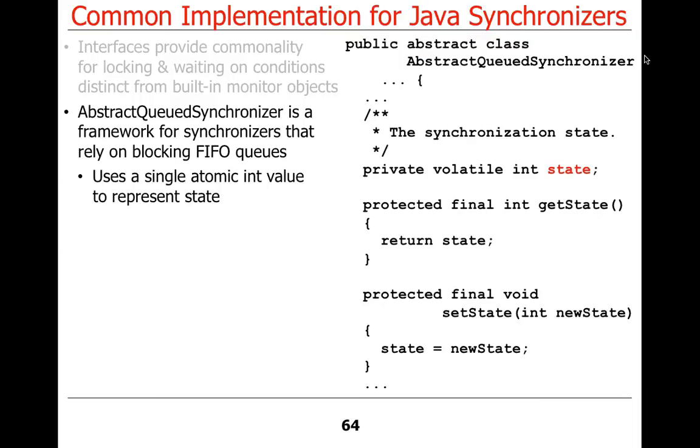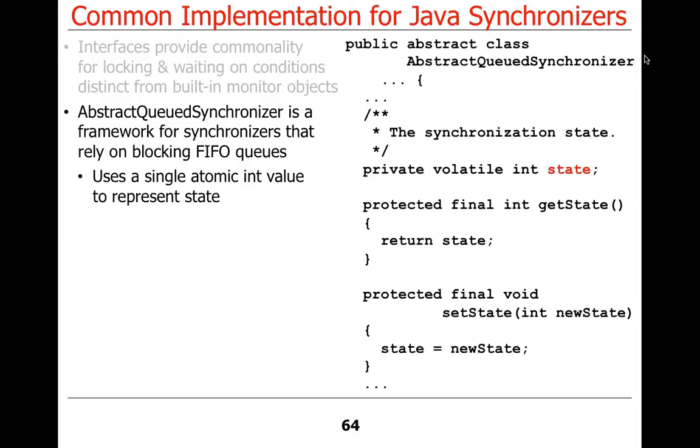OK, now, if you were to poke around in AbstractQueuedSynchronizer, as we will do, you would find some interesting things. What it does is it's used to synchronize on stuff where the state of the synchronizer can be represented in a single integer. And so here's what it looks like. It's a private volatile called state.